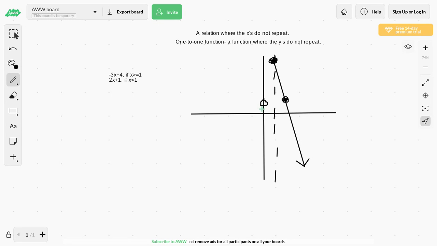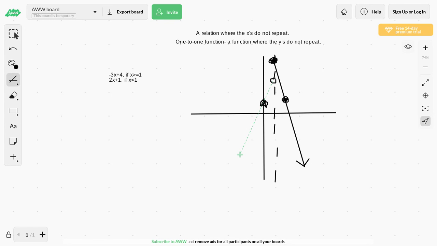So what you have to do is you have to use your slope and you have to get up there. So up 2 over 1. Right there. So this can now be a closed circle. And you can draw your line from there to there.